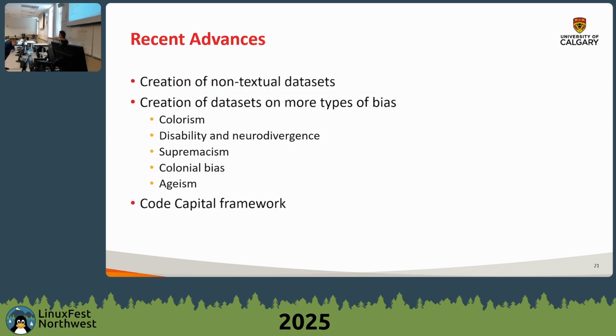Most of the existing data sets that we have are, first of all, about natural language processing, and they are mostly about gender, race, and sexual orientation. But we are starting to see some data sets and some tools that are being developed for other types of bias. I did mention the one that looked at hair color.